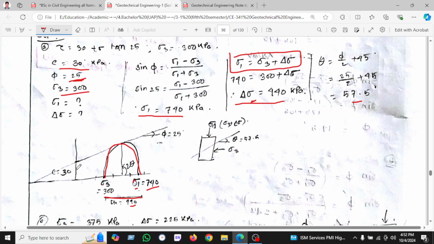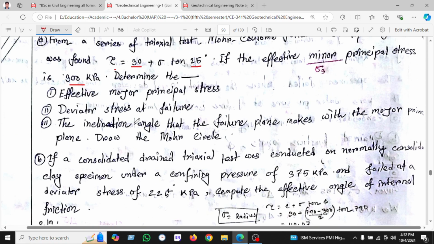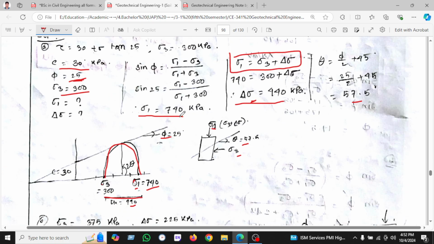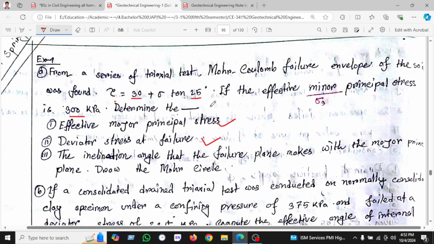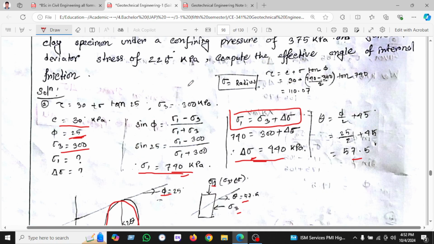In this way we can see here the theta is 57, and sigma 3 is here, and sigma 1 is vertical, and phi is 25. So this is the first answer. And the effective major principal stress and deviator stress: here is the deviator stress, and the effective stress is here, sigma 1.